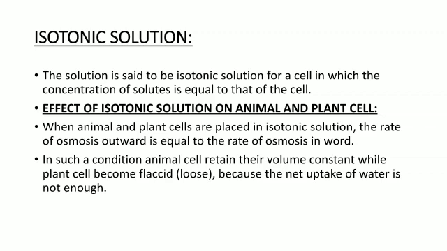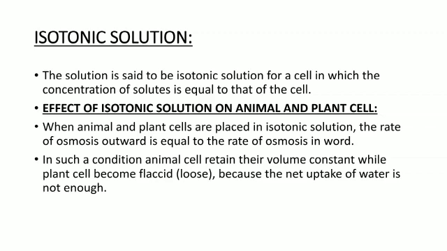For example, if we take a solution in which the amount of water and solute is equal to the amount of water and solute present inside the animal and plant cell, and we place the cells in it, what will happen? The rate of osmosis outward is equal to the rate of osmosis inward, because the water and solute concentrations are equal. So the outward and inward movement will be equal.